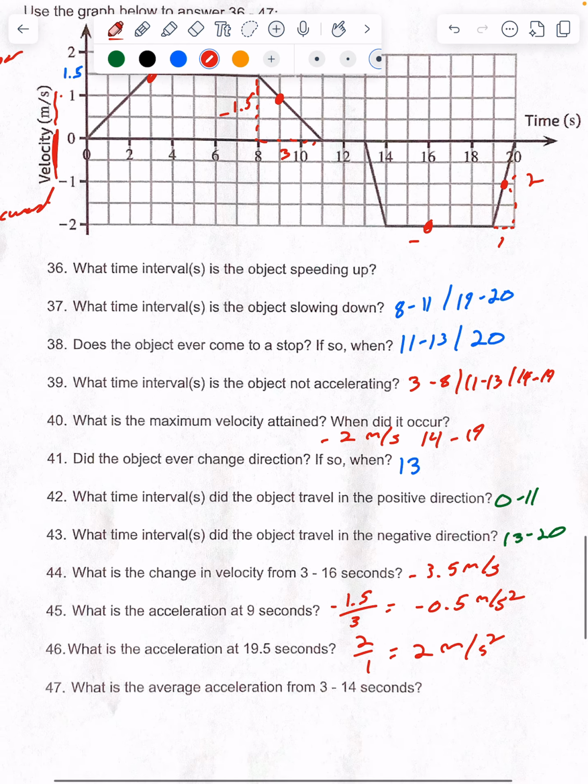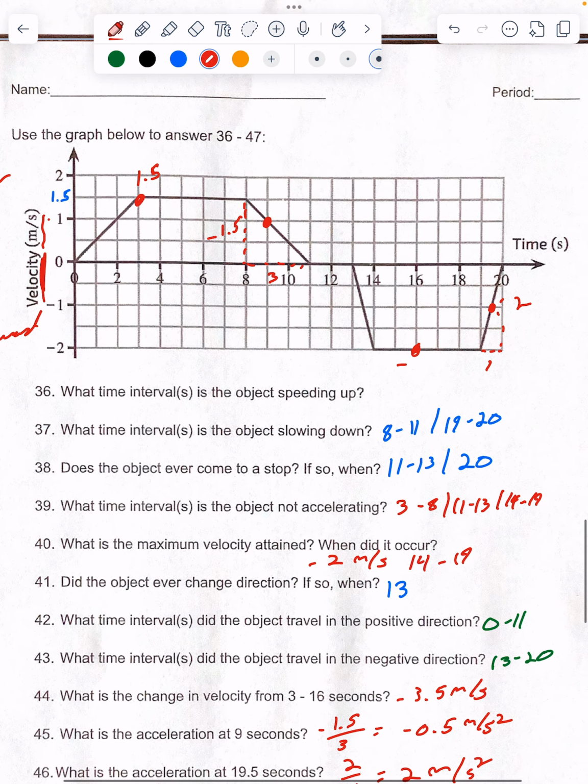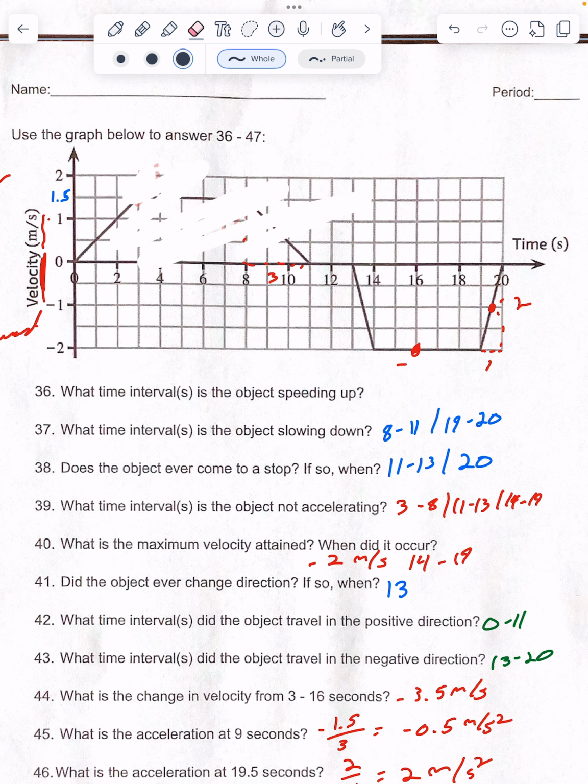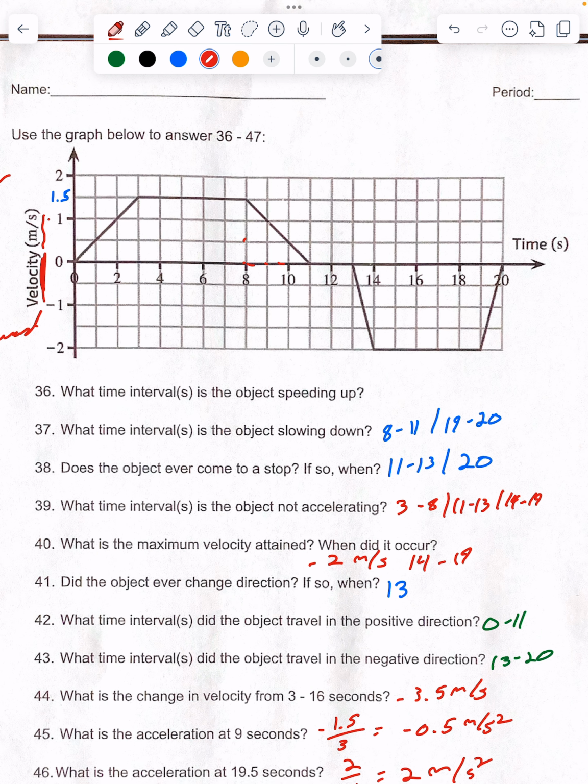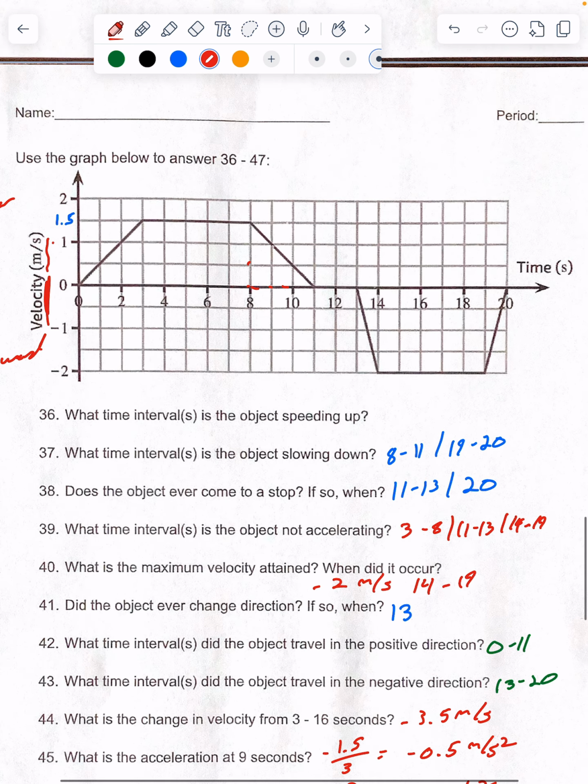Then the last one, 47, was the average acceleration from 3 to 14 seconds. Average acceleration, just like we did average velocity on the position versus time graph, you just connect the 2 points. From 3 to 14 seconds, 3 is right here, 14 seconds is right here. You can draw a big triangle, or you can just connect the 2 points and find slope.